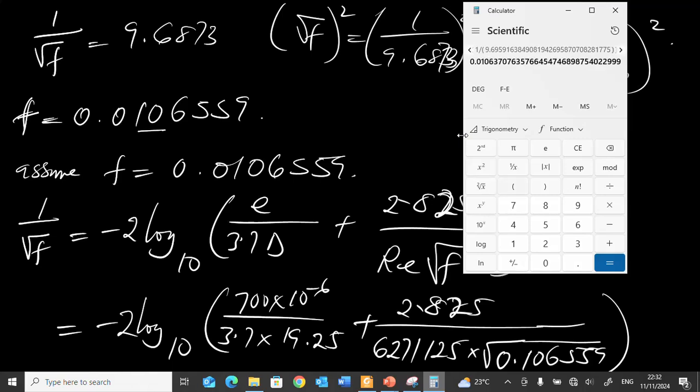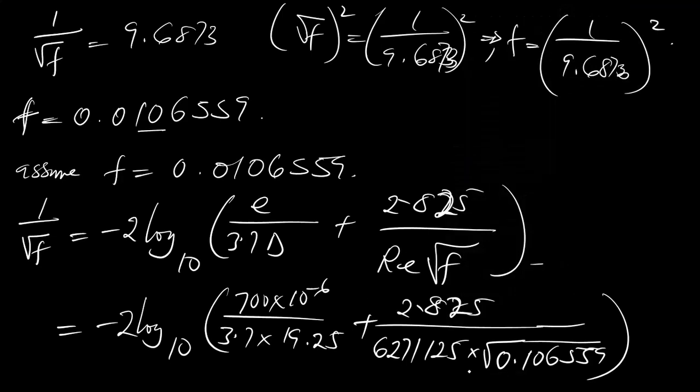Squaring both sides, we have 0.01063708. So that means our f is equal to 0.01063708.